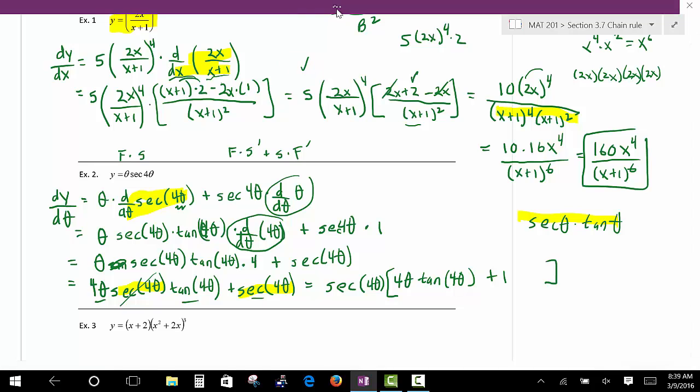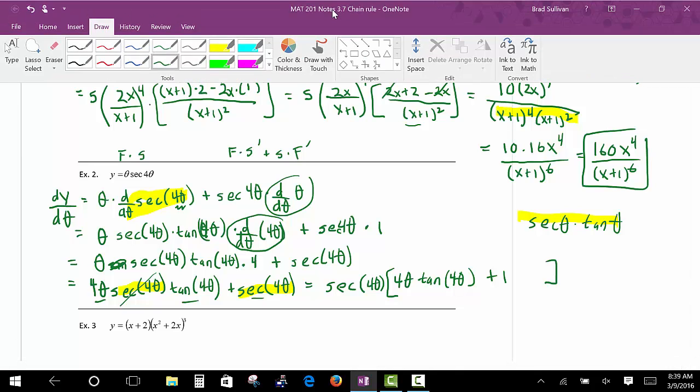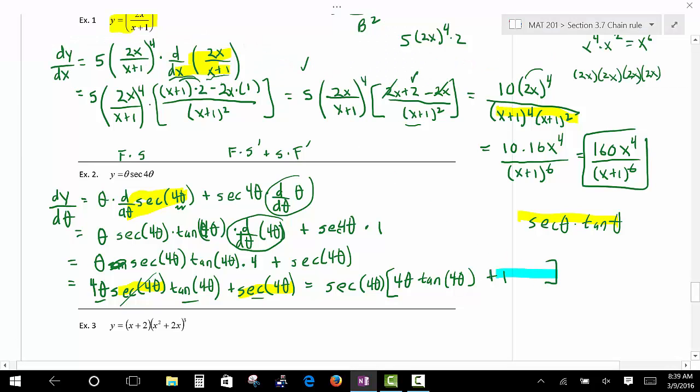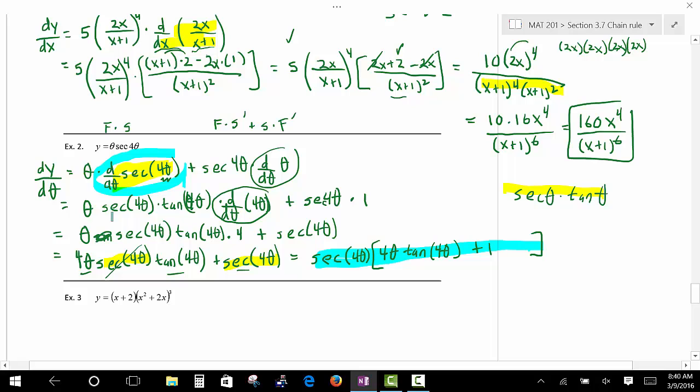Now the part of this problem that might be a little challenging to think about is that chain rule that I did in this. The product rule, not so much, but you got to make sure you understand how I did this. So let's run through that one more time. Basically what did I do? I did the secant of the same, tangent of the same, right?